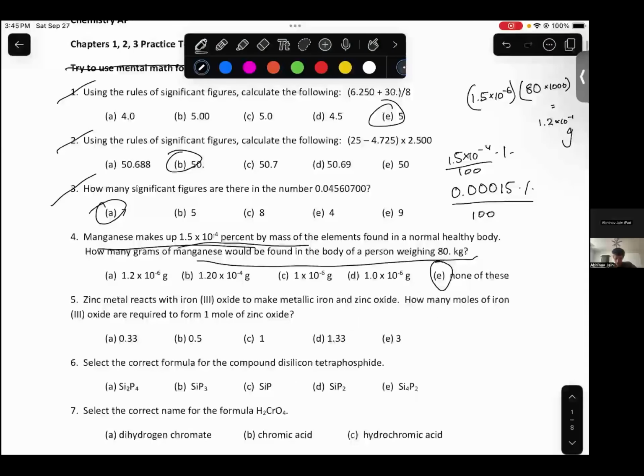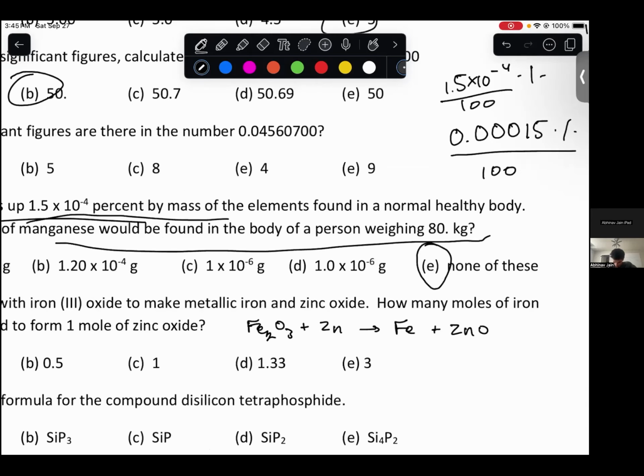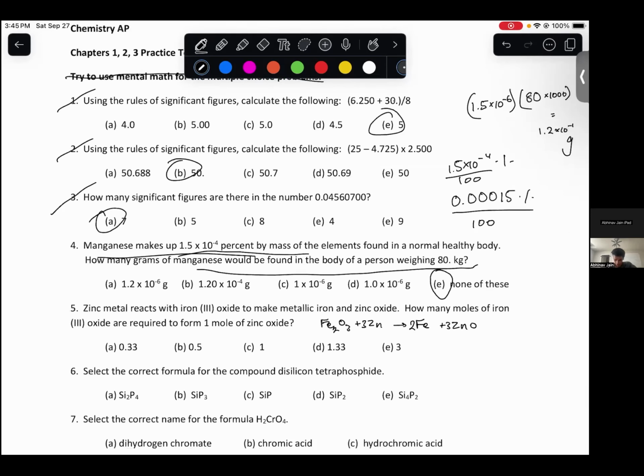Number 5: zinc metal reacts with iron 3 oxide. Let's quickly write the formula for iron 3 oxide: Fe2O3, to make metallic iron and zinc oxide. So Fe2O3 plus Zn forms Fe plus zinc oxide, ZnO. We quickly balance this, and that's our equation. It asks how many moles of iron 3 oxide are required to form 1 mole of zinc oxide.